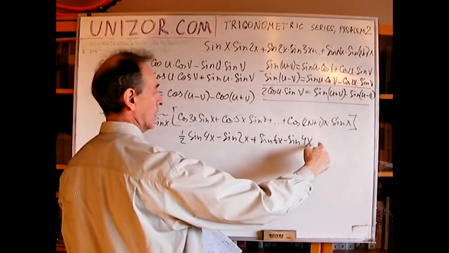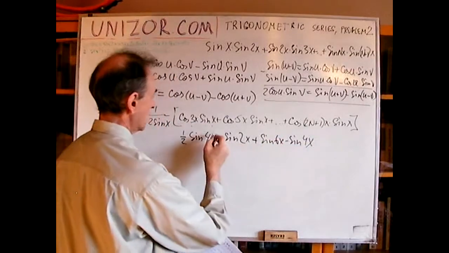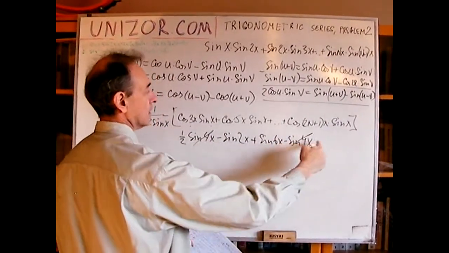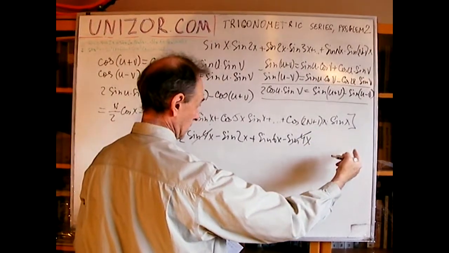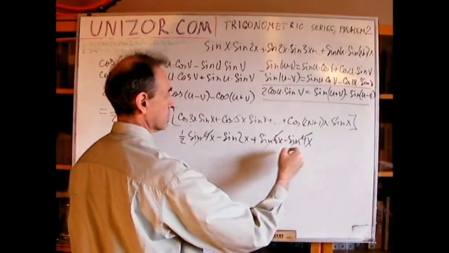Next will be sine of 8x minus sine of 6x. You see, this is reduced with this, and this will be reduced, etc.